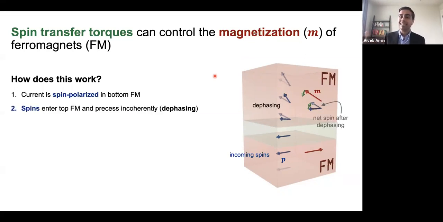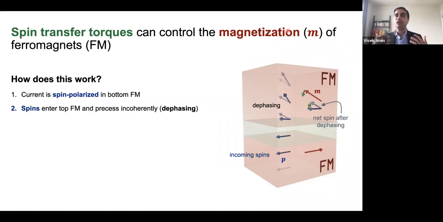So those spins can then tunnel through the insulating barrier in between and enter the top ferromagnetic layer, where they undergo a process called dephasing. And so the way the dephasing works is as follows. If we imagine, for instance, these incoming spins are along this direction P, if those incoming spins are not aligned with the magnetization, then once they enter the top ferromagnetic layer, they'll see this very strong exchange field and begin precessing around the magnetization.